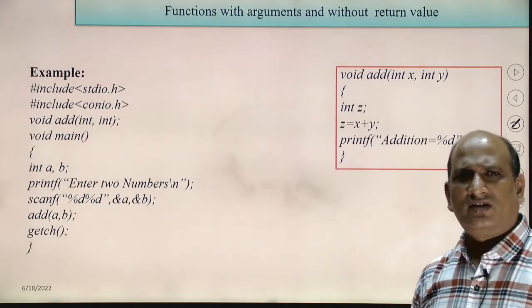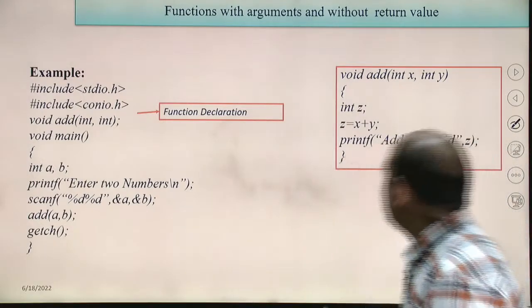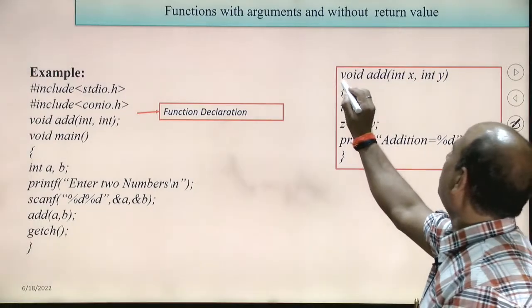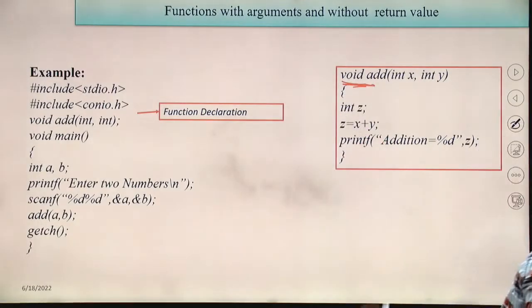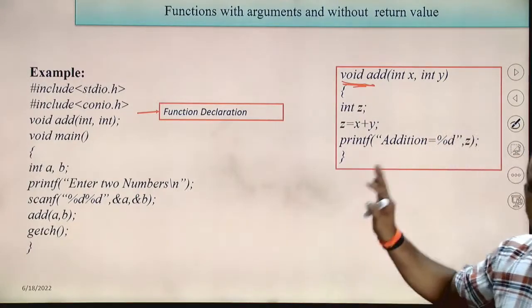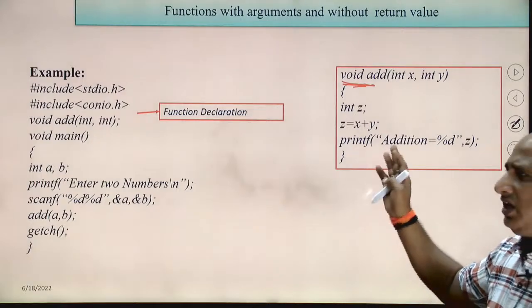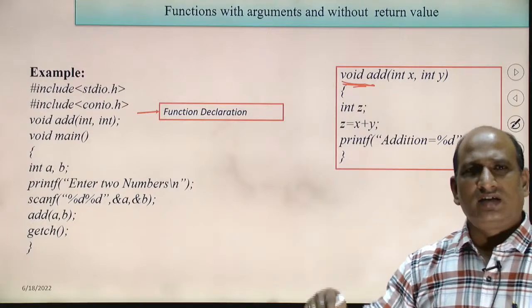Here is the definition of the function, and for that we have to write the void keyword. The void keyword tells that this add function will not return anything. It will add something, and the result will also be processed over here.